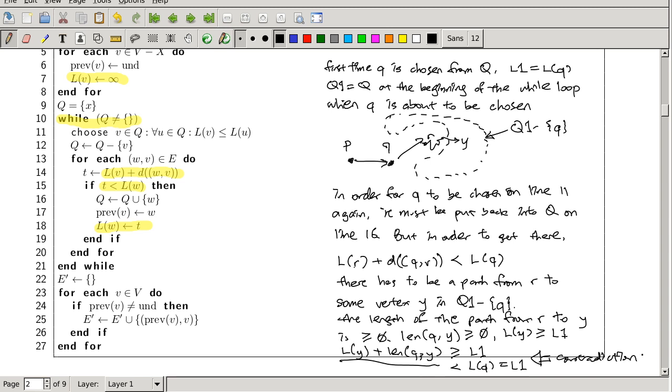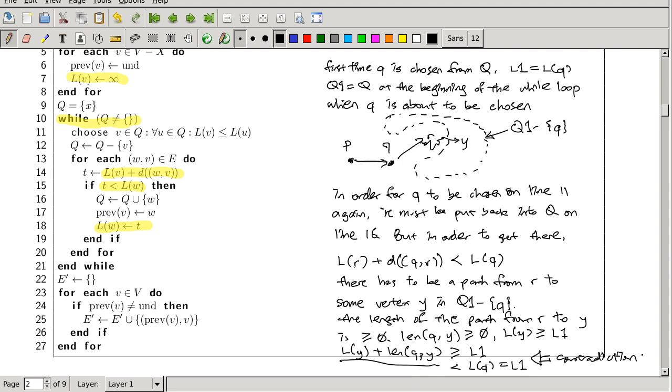And as a result of an edge being revisited on line 13, and based on the logic of the algorithm itself, we come to a contradiction. A particular value, L of y plus the length of the path from Q to y, is greater than or equal to L1, and is also at the same time less than L1. L1 being the L value of Q the first time Q was chosen from uppercase Q.